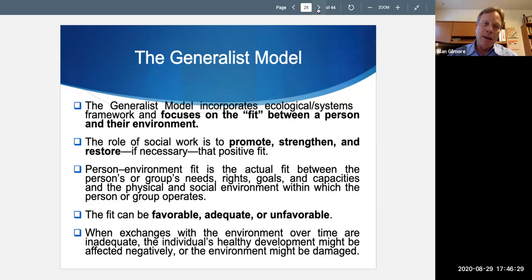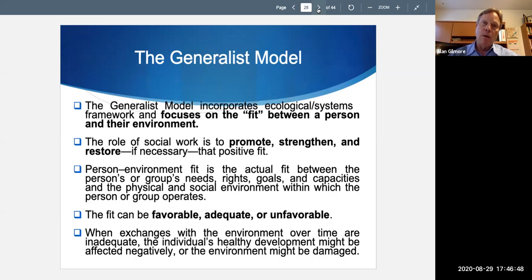That person-in-environment fit, PIE, remember we called it PIE earlier, is the actual fit between the person's or the group's needs, their rights, their goals, and their capacities, and the physical and social environment within which the person or the group operates.